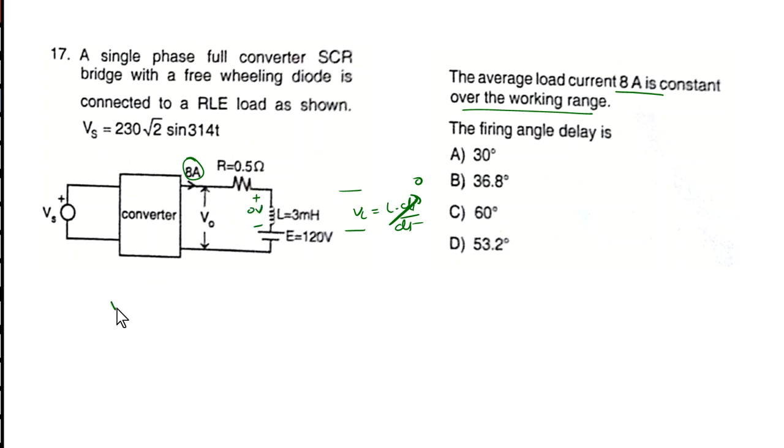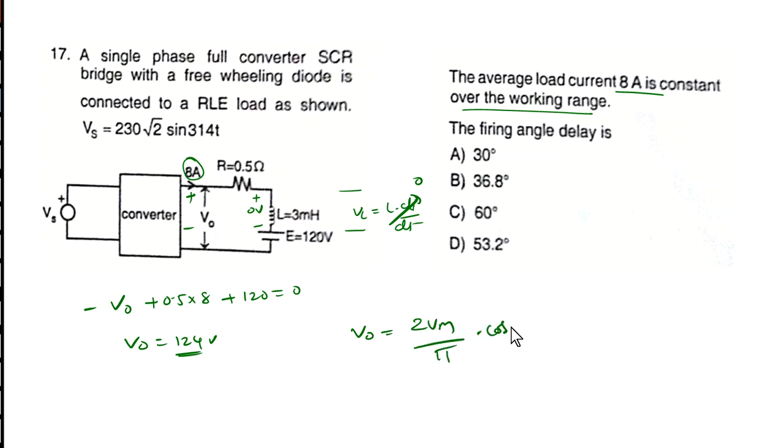Now what about the V0? If we apply KVL here, minus V0 plus 0.5 into 8, plus 120 is equal to 0. So V0 equals 124 volts here. Now, considering this a full wave rectifier, V0 is equal to 2 Vm by pi into cos alpha.